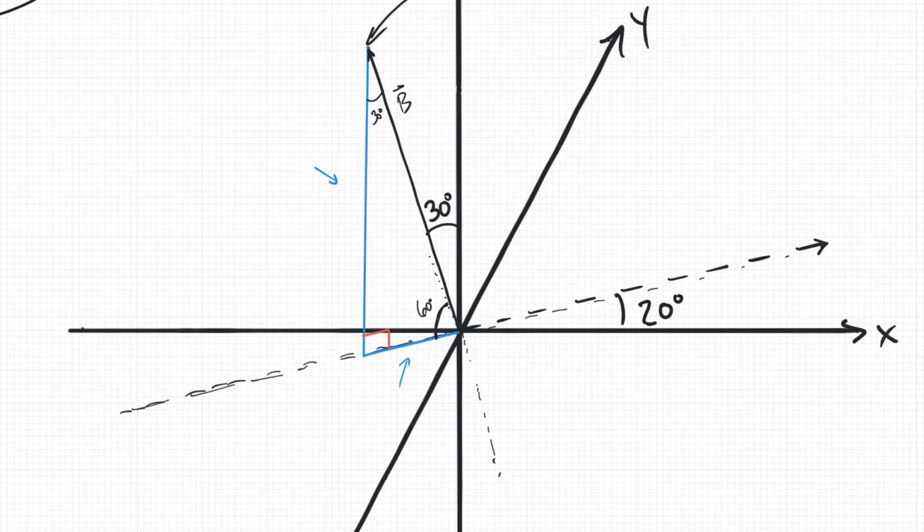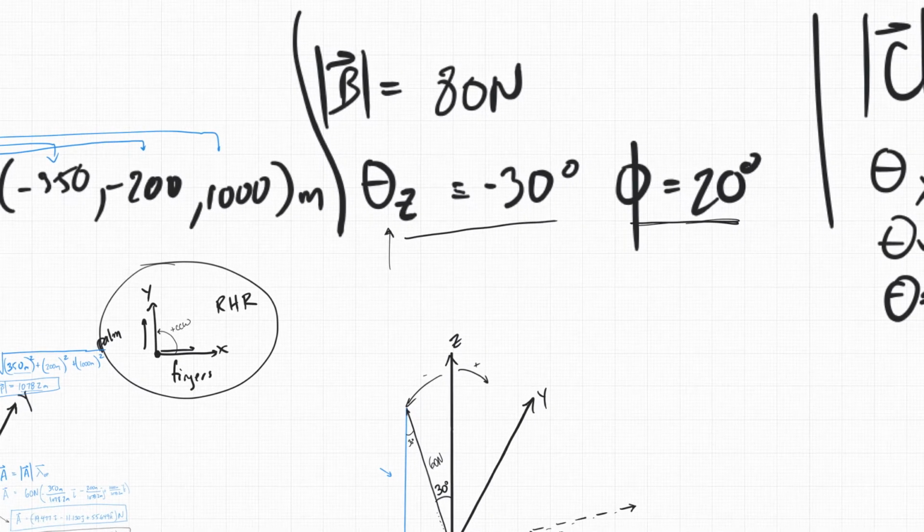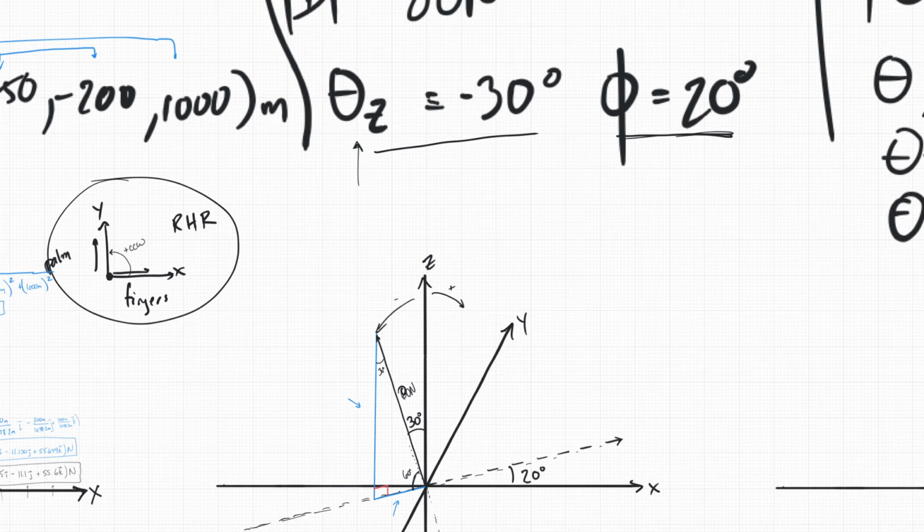So I'm going to take this 60 newtons here, and we're going to do some trig. Let me get rid of this B and just write 60 newtons. Computer's being really slow right now. 60 newtons. That is what it was, right? 80 newtons. I didn't screw that up over there. That was 60, this is 80.